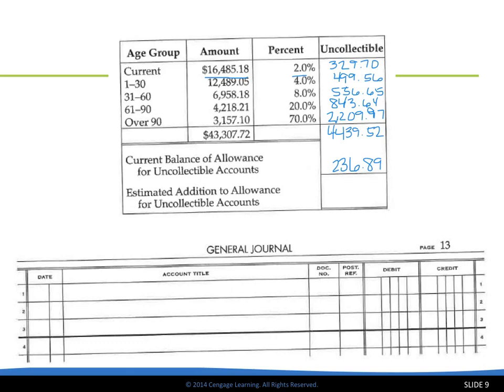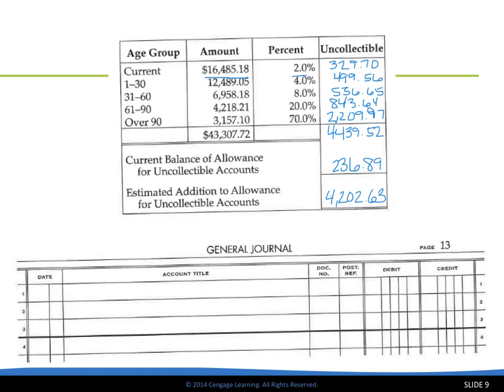Okay. So then to figure out my estimated addition to that allowance account, I just take that $4,439.52 and I subtract off that $236.89. All right, so I end up with $4,202.63.